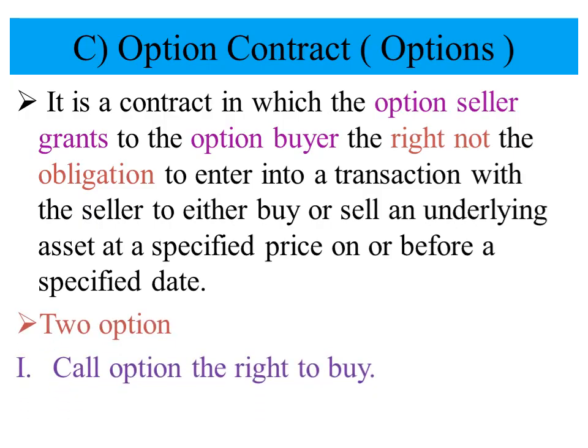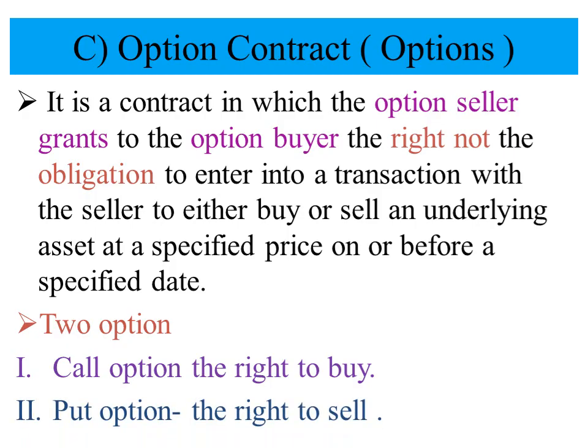Two options are there. The first one is the call option. This is the right to buy but no obligation to buy. You can call and buy, but there is no obligation. The other is the put option. This is the right to sell, but there is no obligation to sell. So as we said, an option contract gives a right, no obligation.